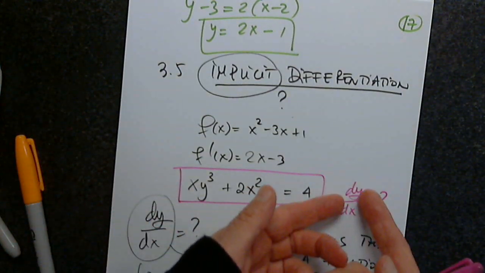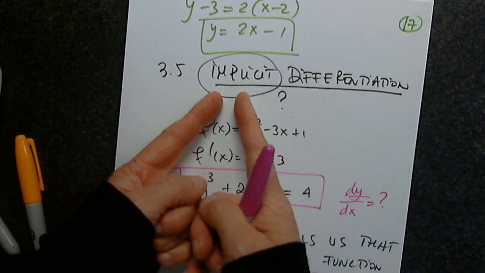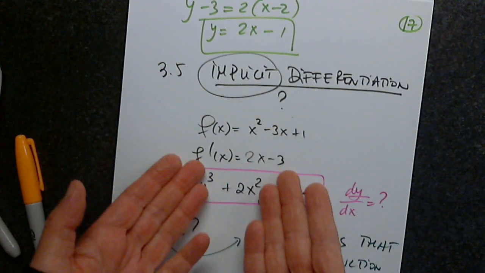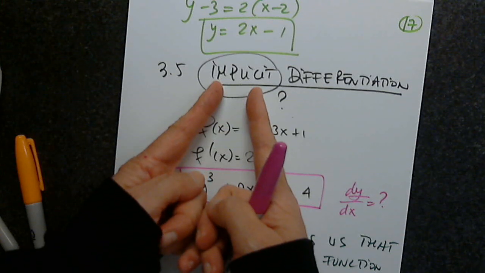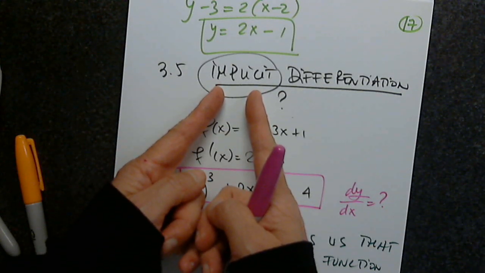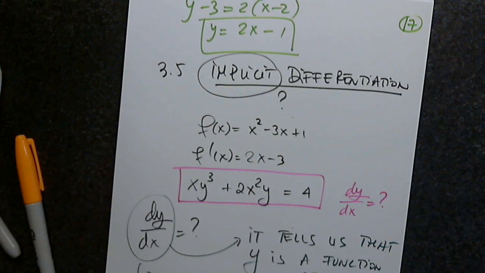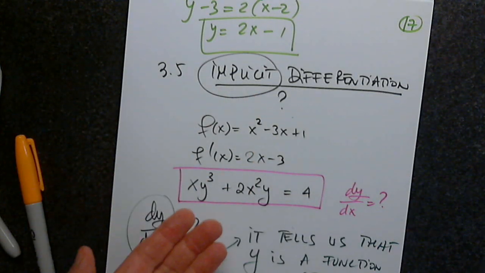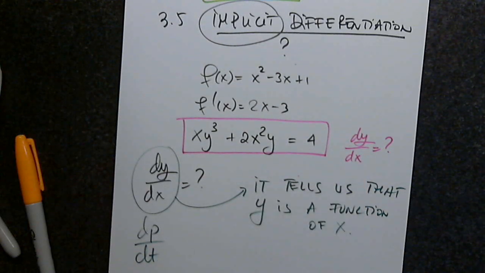So I can find dy over dx not directly, like I did here, but implicitly or indirectly. Because I don't have the function, I can't solve this, but I can still find an expression for its derivative.